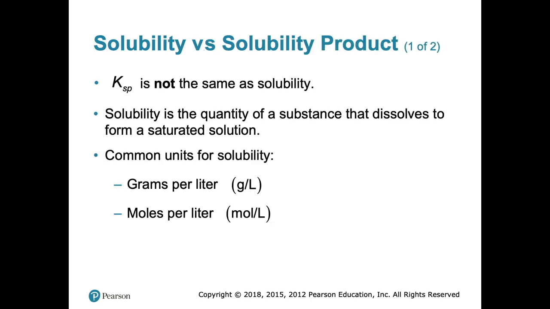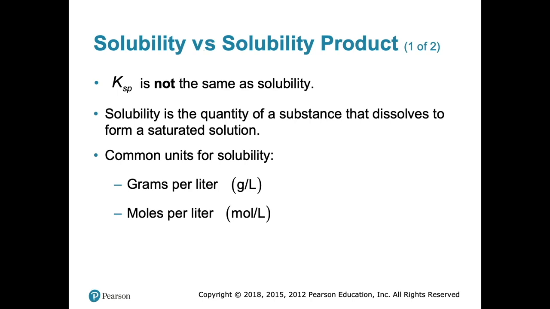So just to be clear, though, Ksp is not the same thing as solubility. Solubility is the quantity of a substance that dissolves to form a saturated solution. So the common units for solubility are grams per liter or moles per liter. For example, you can look up sodium chloride on Wikipedia, and it will say solubility in water.